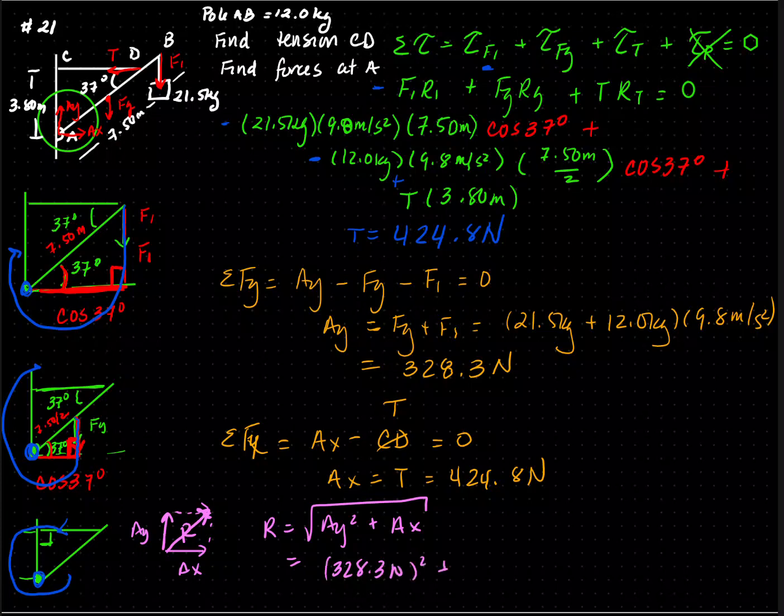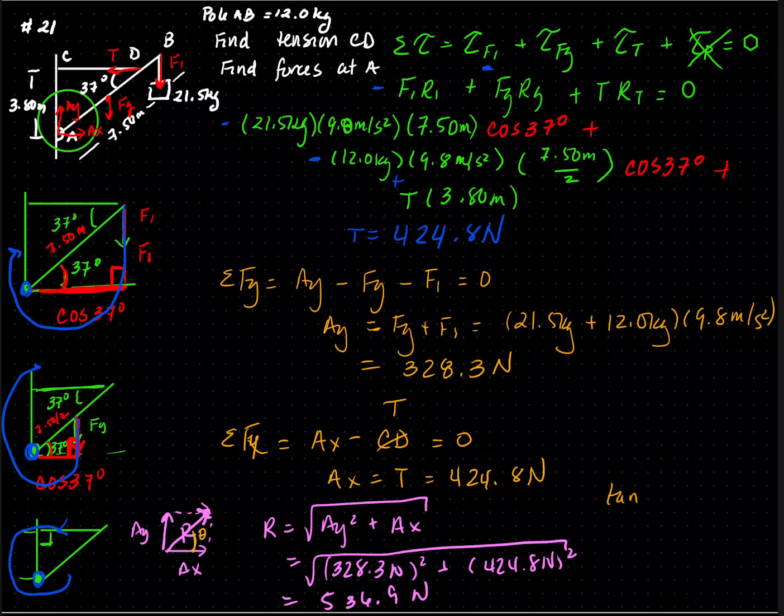Need to square that. My Ax is equal to 424.8 newtons squared. Take the square root. This becomes 536.9 newtons. My angle is going to be measured from the horizontal, which is this.